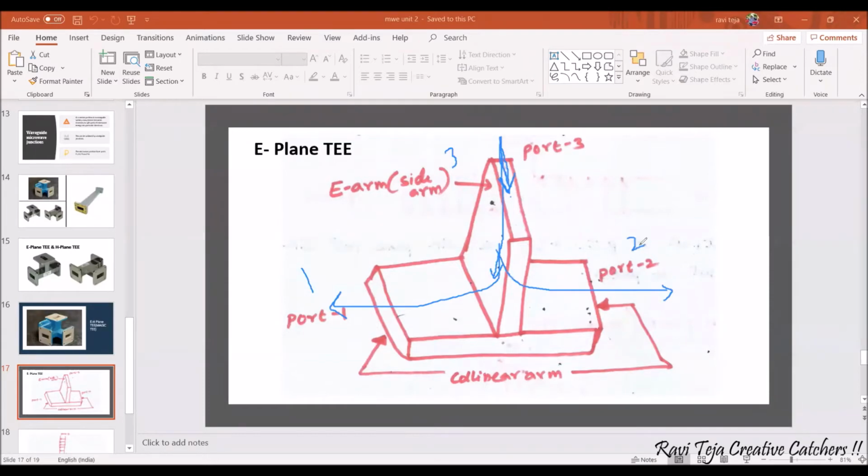But one thing you need to remember is that whenever we are using an E-plane T for an electric field to propagate as a microwave signal, and we are giving a signal through port 3, which is considered as the E arm, the signal will come from the output ports, port 1 and port 2. But here there is a small difference. Whenever the signal comes from port 1 as well as port 2, it looks like this.